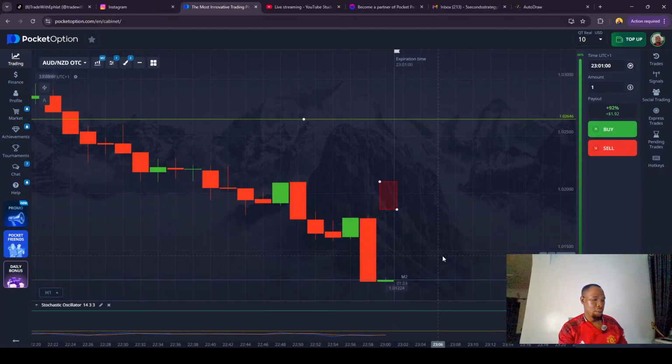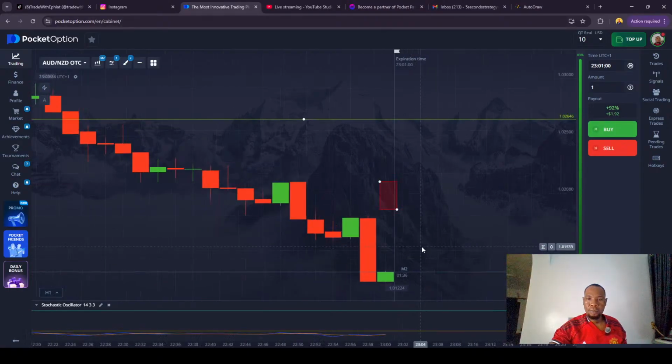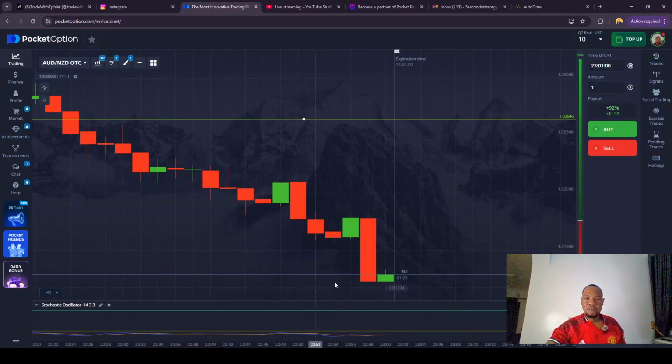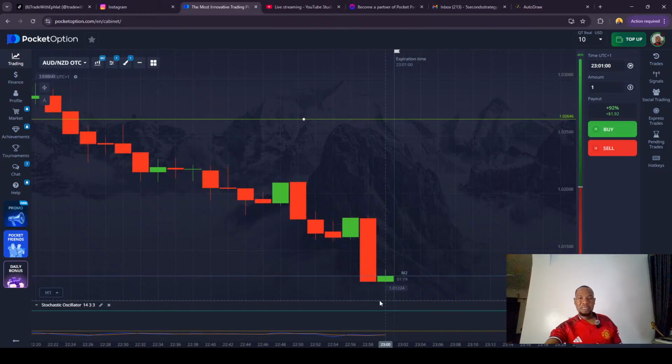So the next candle has opened, and I'm just going to wait for the candle to break its own low. So if you look at this, I want to wait for the candle to break this particular level, to break the previous low of this candle before I enter. Because if it's going to break the low, then there's every tendency that it would end up being bearish.